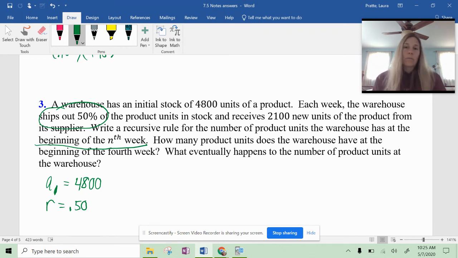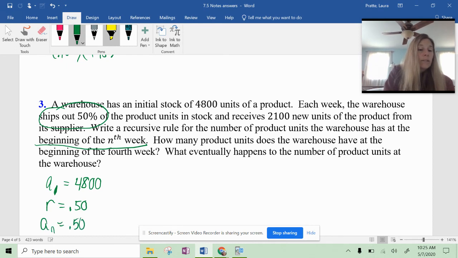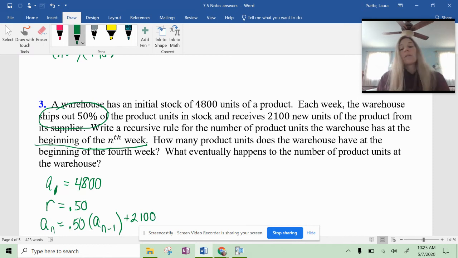Here we're losing 50%. We still have 50%. So that's why the R value is the same. So now the A sub n will equal 0.50 times the A sub n minus 1. But in this particular problem, they're receiving 2,100 new units of product after each week, or at the end of each week, or however that works.